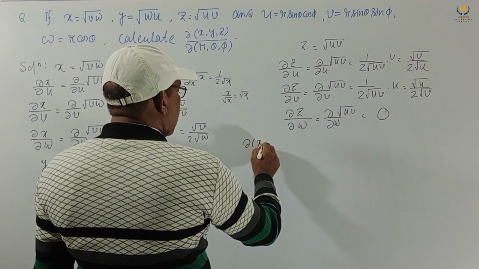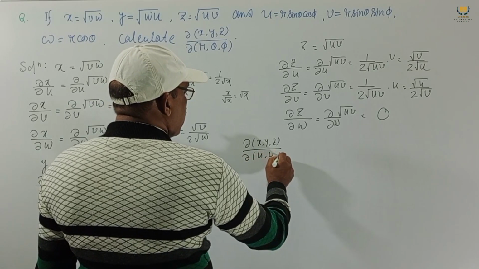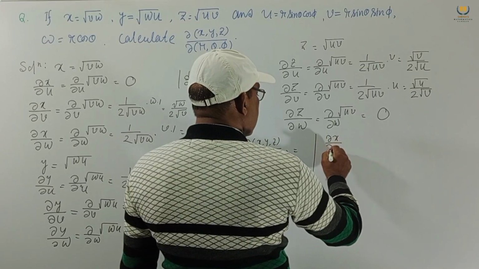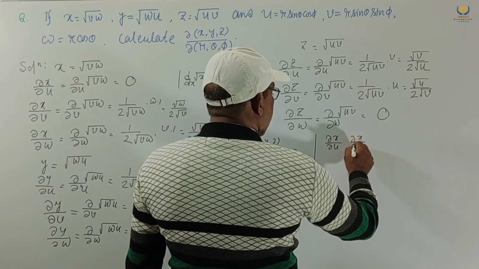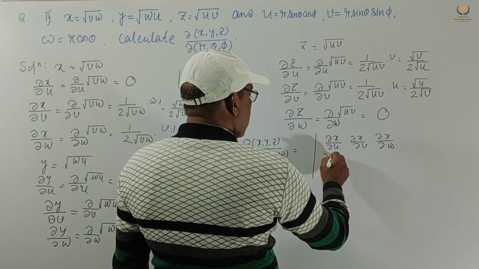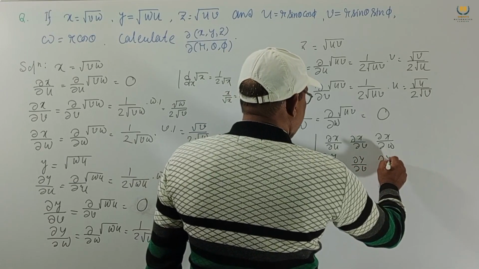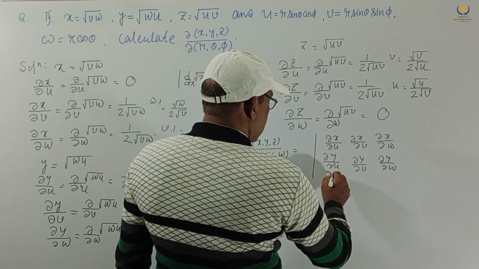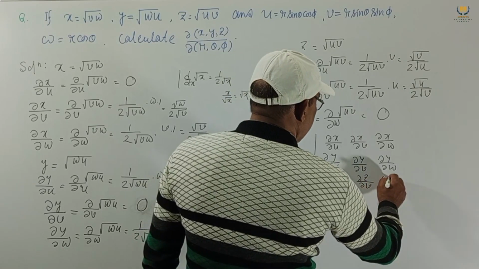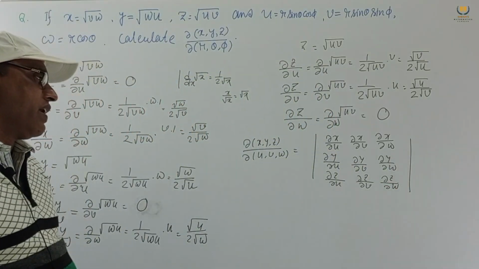Now first we have to find ∂(x,y,z)/∂(u,v,w). By definition of the Jacobian, it is the determinant with rows ∂x/∂u, ∂x/∂v, ∂x/∂w; ∂y/∂u, ∂y/∂v, ∂y/∂w; ∂z/∂u, ∂z/∂v, ∂z/∂w.